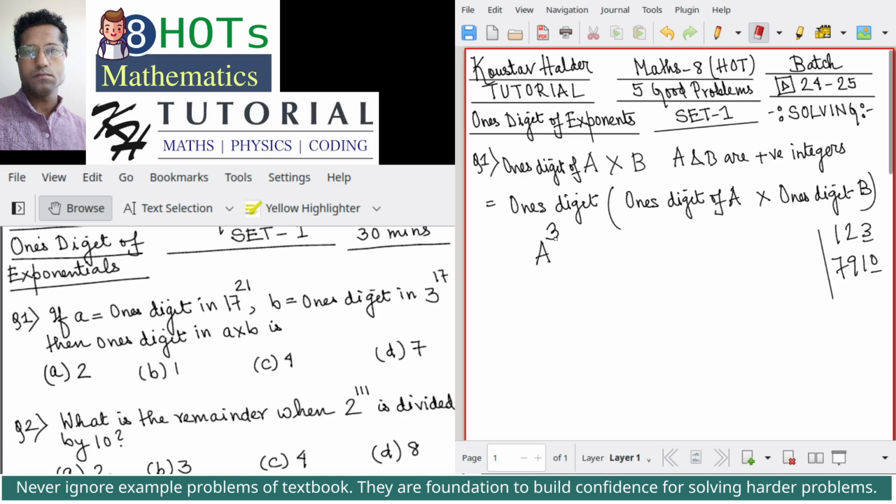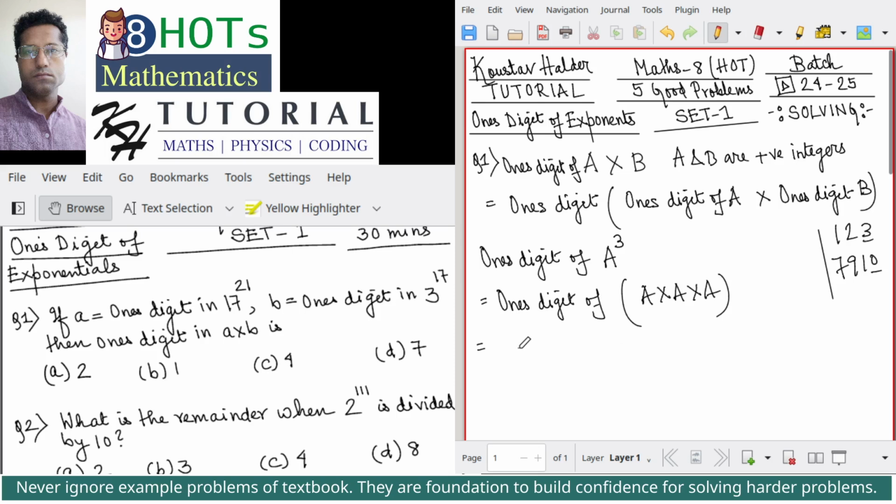Similarly, what will be the ones digit of an exponential term, let's say a to the power 3? Based on the previous fact, what is a cubed? A cubed is a multiplied by a multiplied by a. So this is nothing but the ones digit of a multiplied by a multiplied by a.